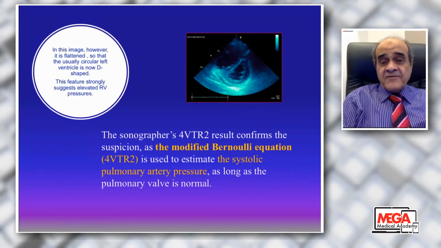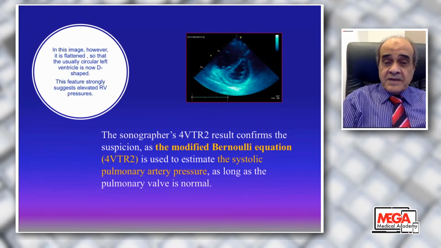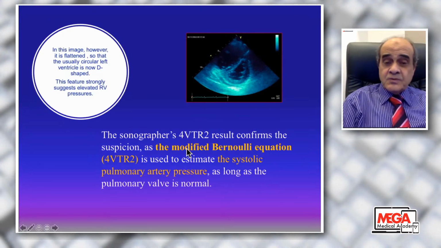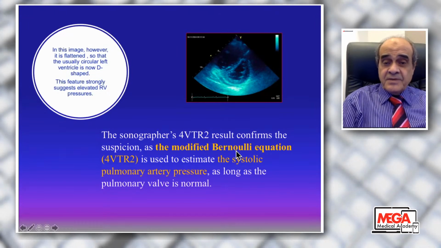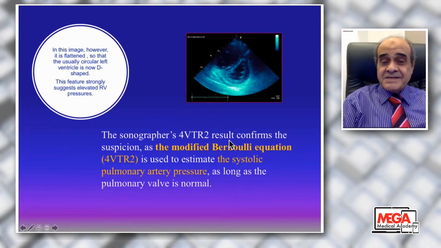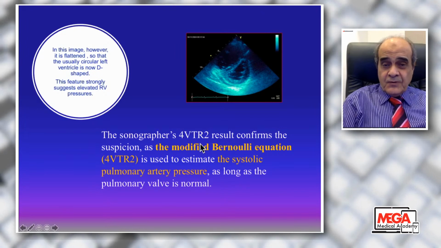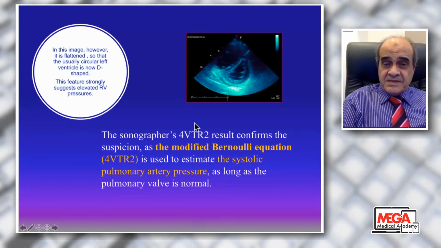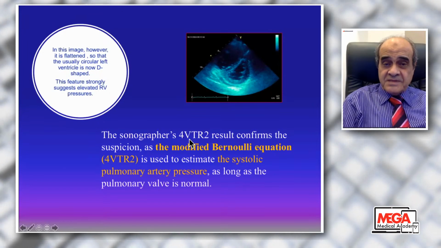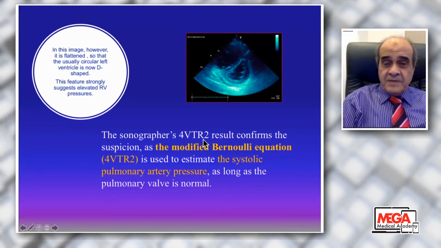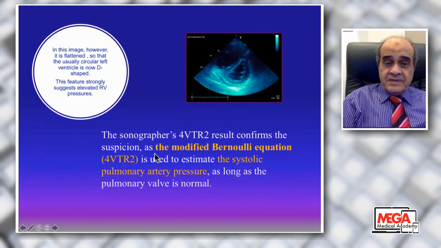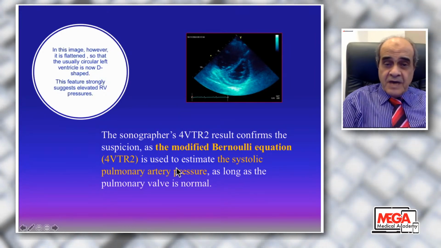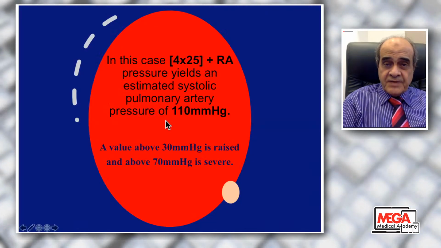For the sonographic tricuspid velocity, we have to utilize the modified Bernoulli equation to calculate the pulmonary artery pressure: 4 times the TR velocity squared, plus the right atrial pressure.